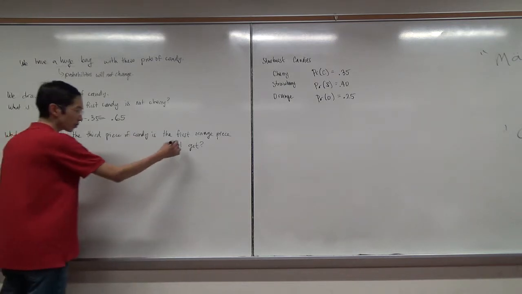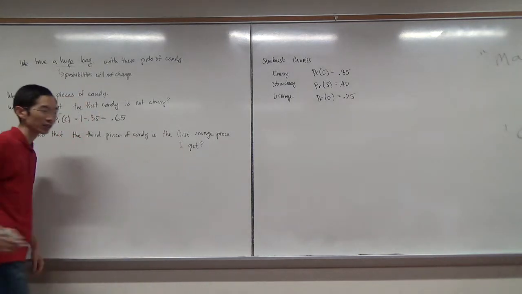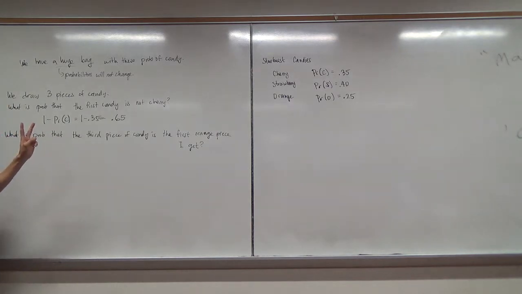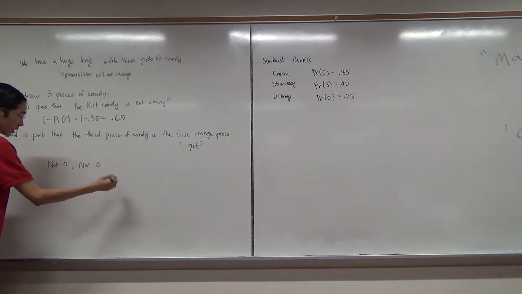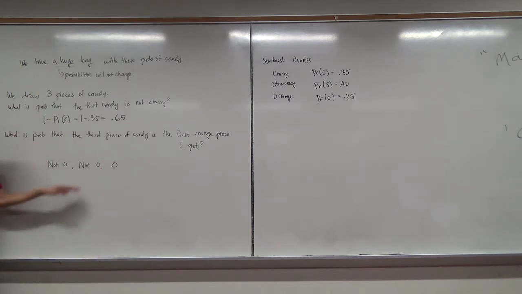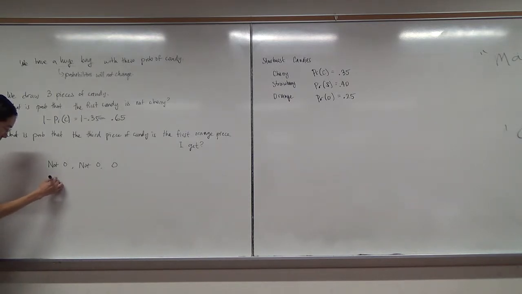Okay, what's the probability that the third piece of candy is the first orange piece that I get? In order for this to happen, the first two pieces of candy have to be not orange, right? So the sequence has to be not orange, not orange, and then orange. That's the exact sequence that must happen. The probability that the first candy is not orange is 0.75.